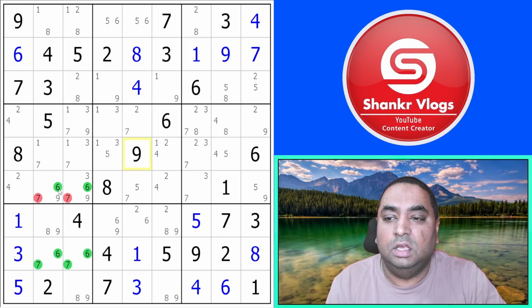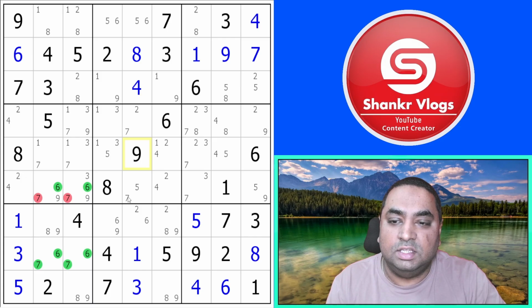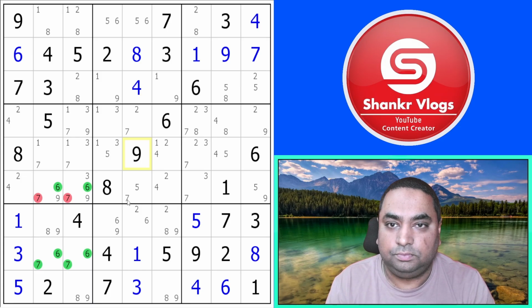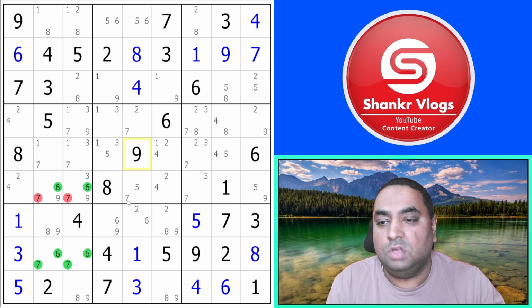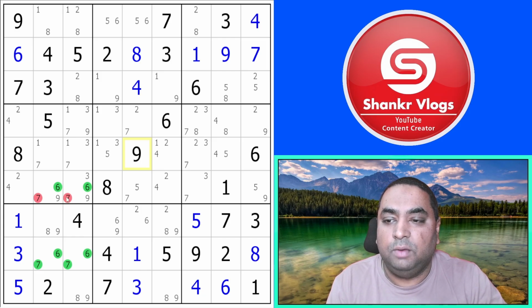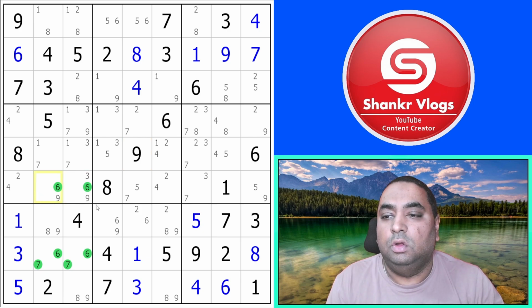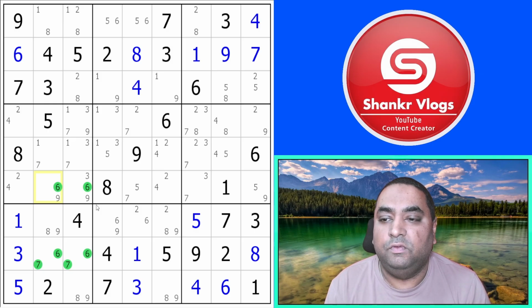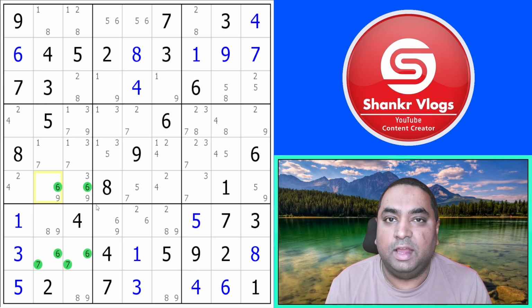So 6 is retained in these 2 cells, so we have to remove 7. As you can see, 7 is also available in other cells, so we can remove 7 from the UR cells, that is this one and this one. We can remove the candidates from the opposite end of the diagonal set.